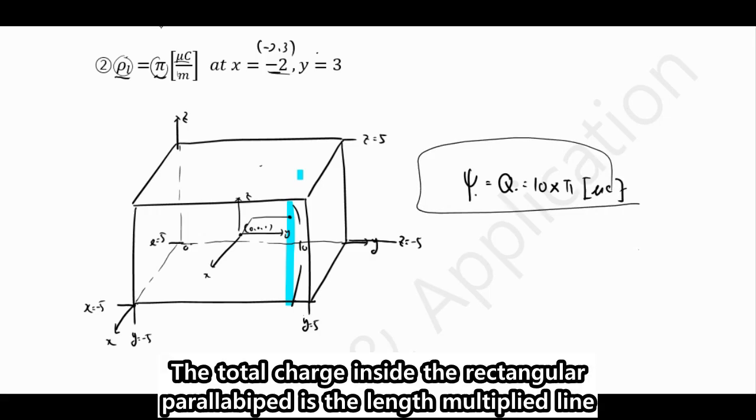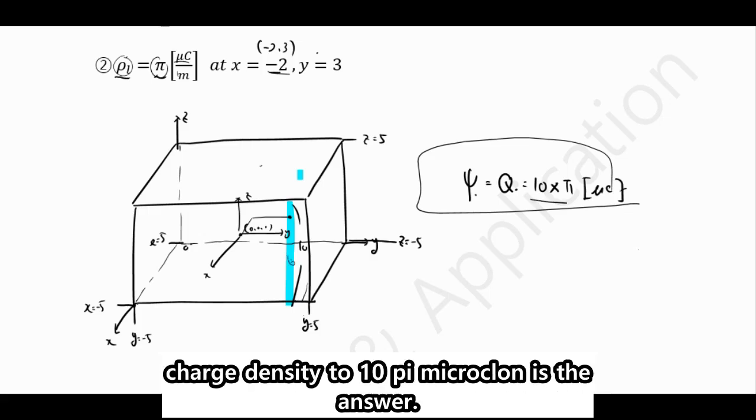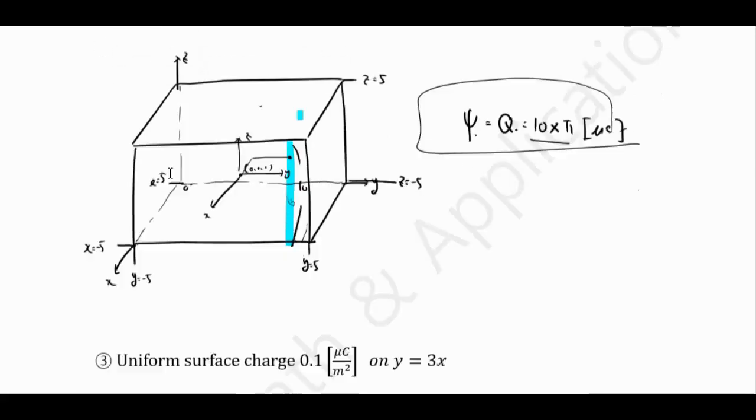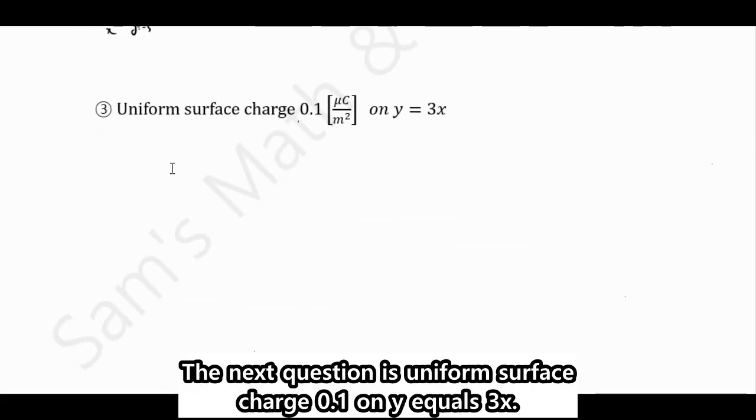The total charge inside the rectangular parallelepiped is the length, 10, multiply line charge density. So 10 pi microcoulomb is the answer. The next question is uniform surface charge 0.1 on y equals 3x.